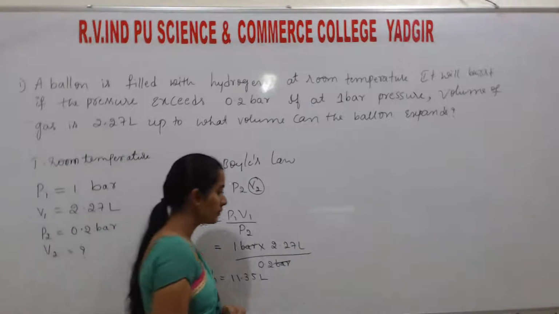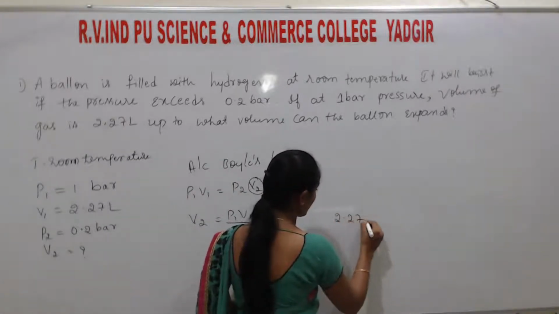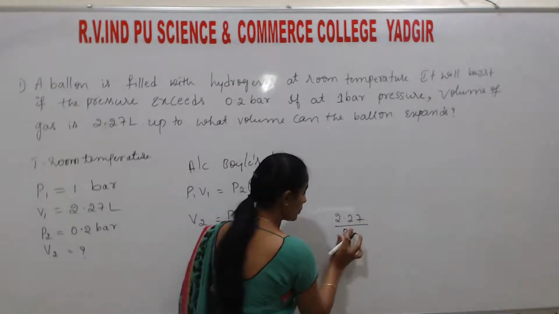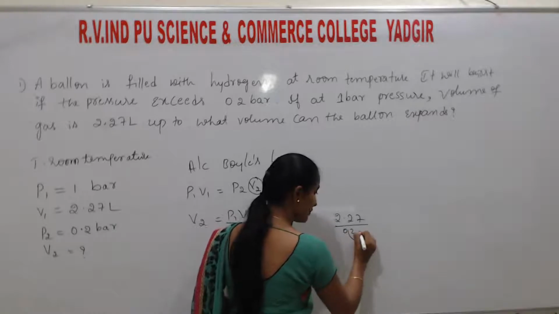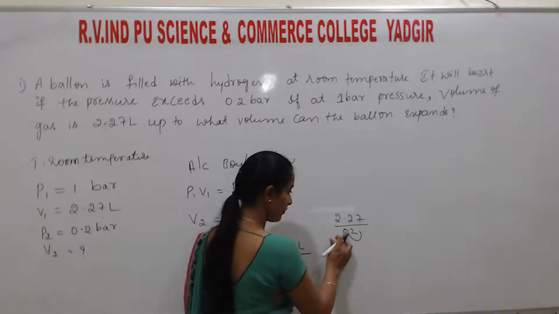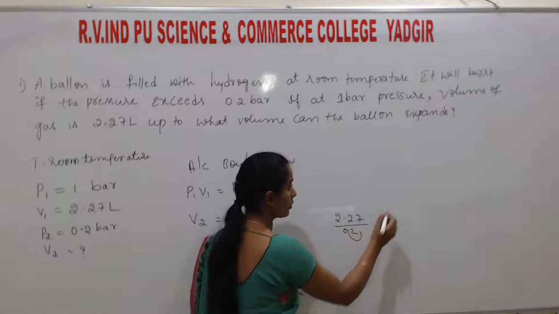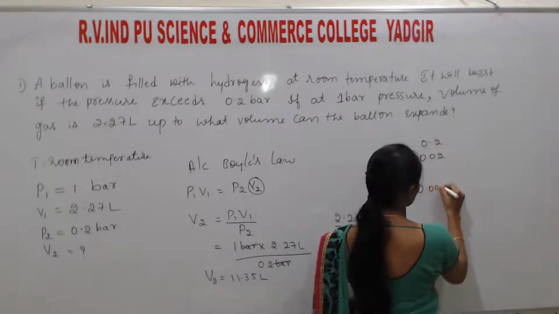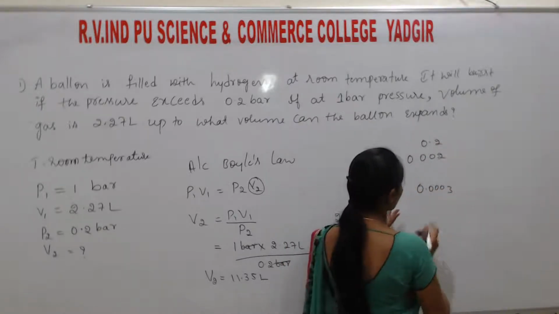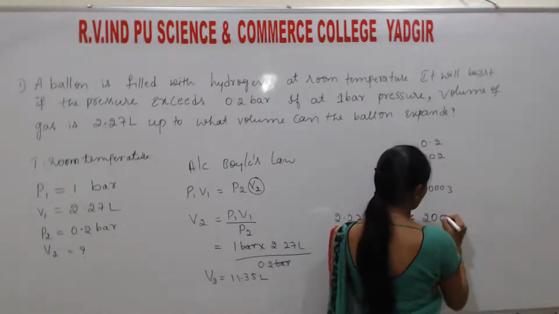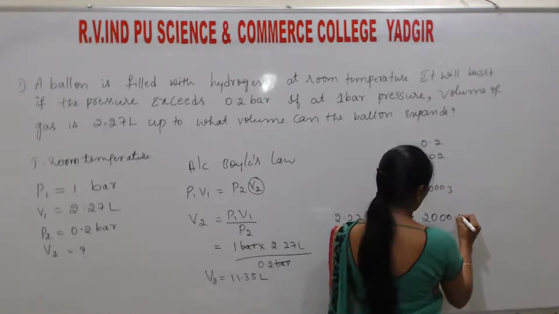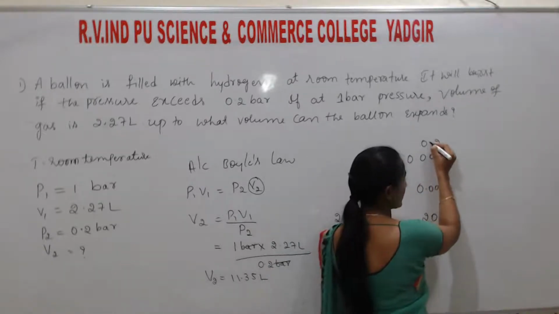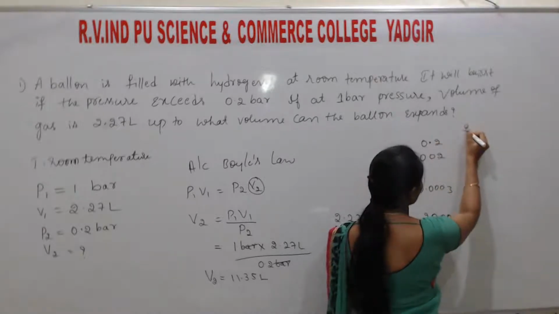Okay, listen. Another simplification I say. This is 2.27 divided by 0.2. So students, here, if we take 0.2 and shift the decimal point, then what does it mean? 2 divided by 10.